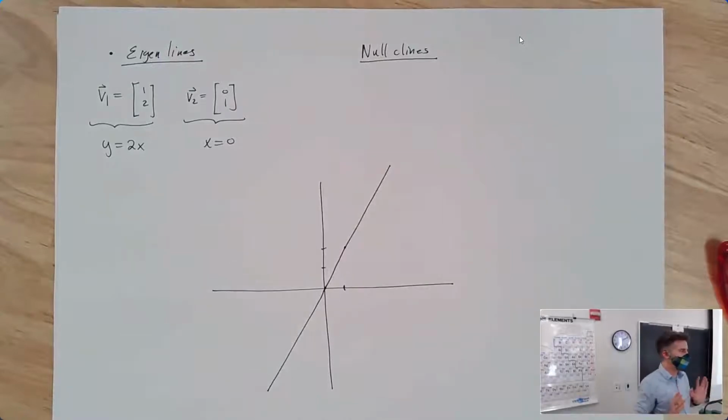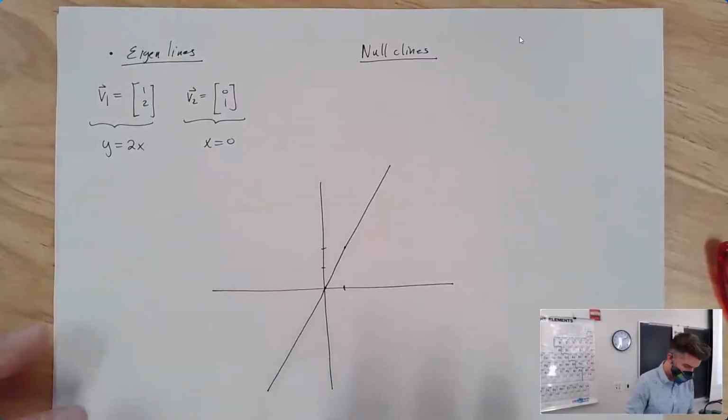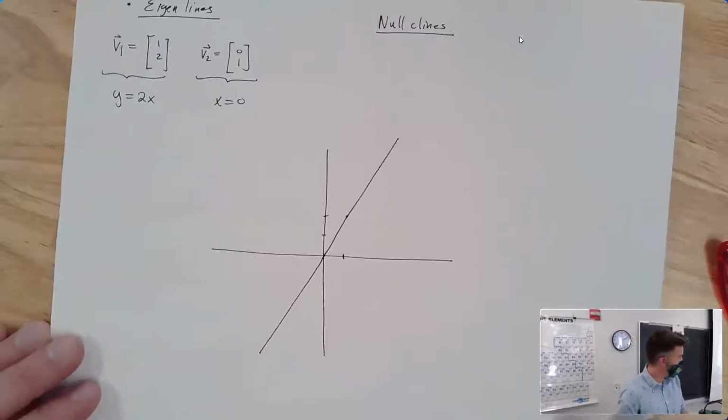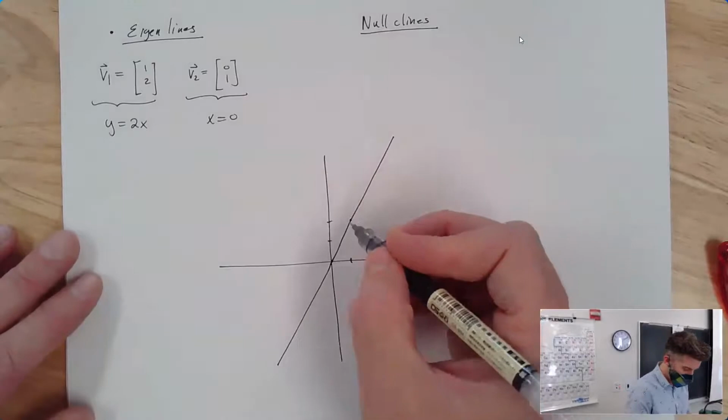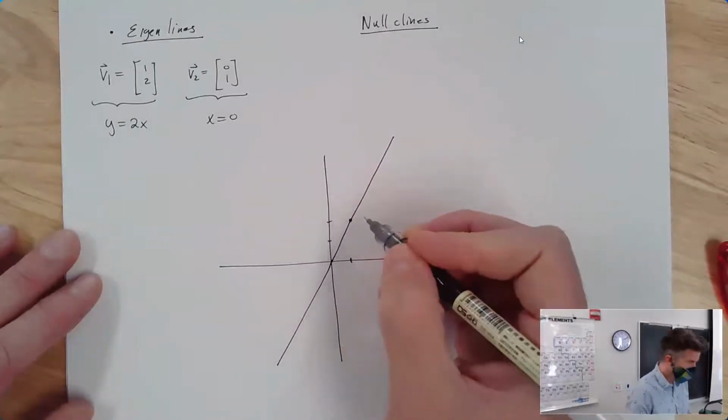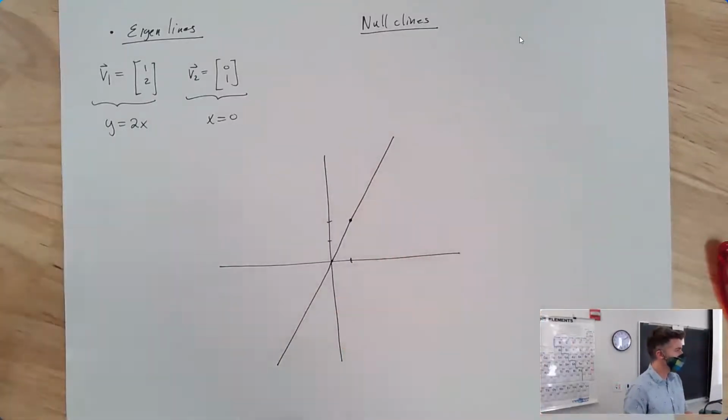You actually don't want to do that here because the arrows are going to represent the vectors in your direction field in your phase plane. So here's what's great about eigenlines. On an eigenline, any point you pick, the vector that would be in the vector field goes in exactly the direction of the eigenline.